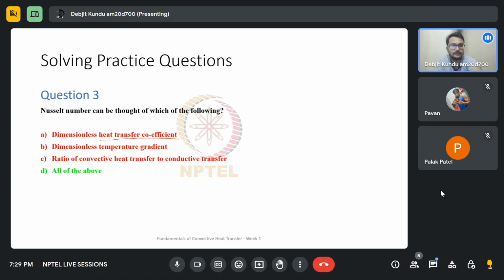In convective heat transfer, what is the heat transfer coefficient? Does this equation look familiar? Over here, which term is the heat transfer coefficient? Is it Q, H, or A, or T, or T infinity? Which one?